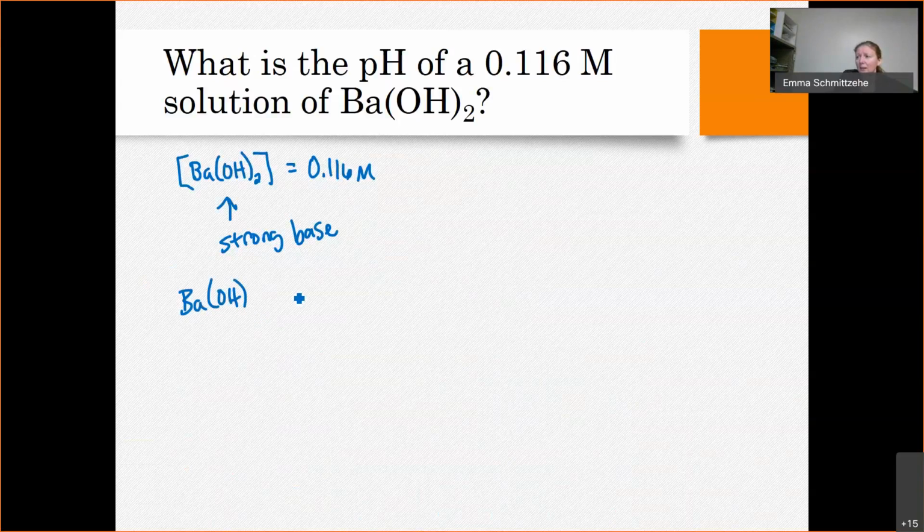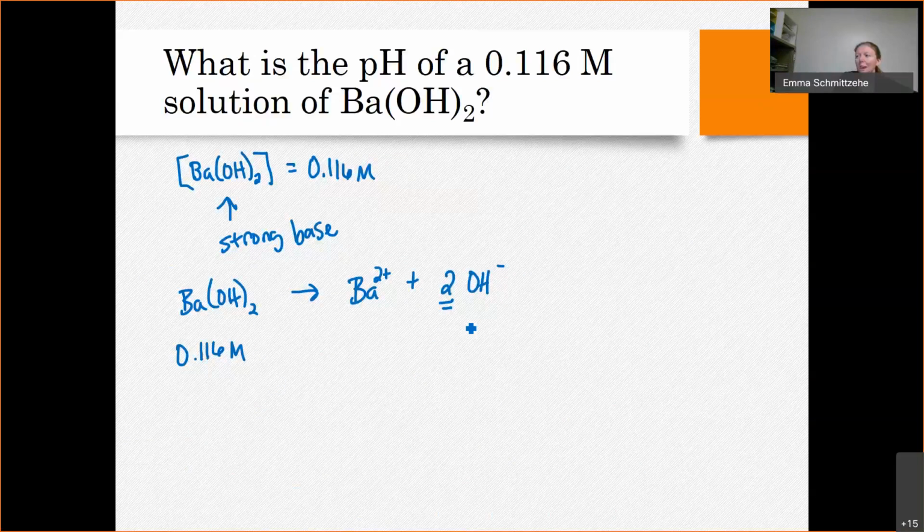So in this case, you would have barium hydroxide. And when that ionizes, when it breaks apart, you get Ba2 plus, and you get 2 hydroxides, okay? You've got to be able to break that apart, and it is very important that you get 2 of those. So if you started with 0.116 molar, you actually have twice as much of the hydroxides.